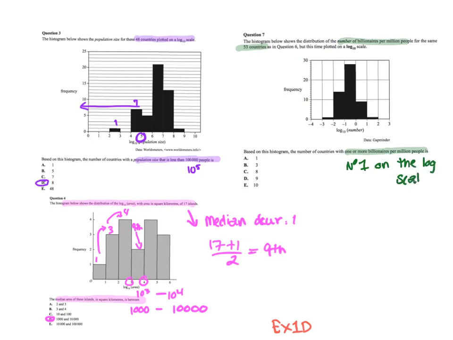Remember I said 10 to the power of 0 equals the number 1. So you go up to 0 and they want the number of countries with 1 or more, so I want everything more than that. To me that looks like about 9 plus 1, so roughly 10. So I'll go E.